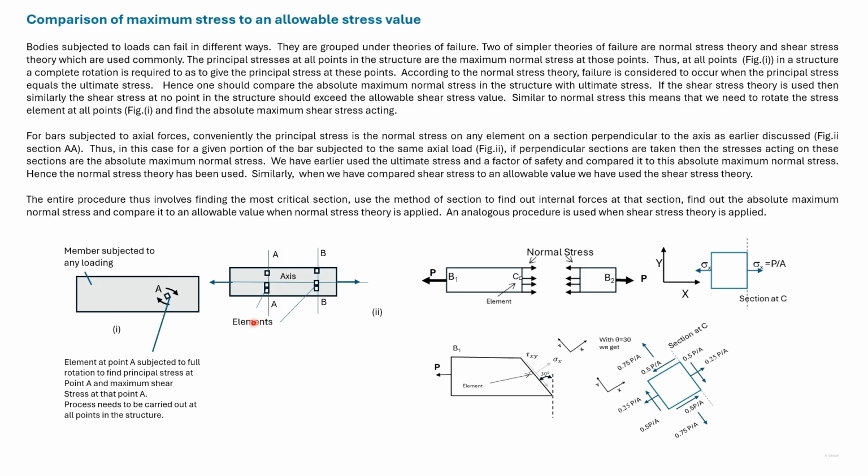If we take perpendicular sections at other points in the member, we'll find that the principal stress is the same as this principal stress. So this is the absolute maximum principal stress in the member. Earlier, we dealt with this principal stress and compared it to the ultimate stress.